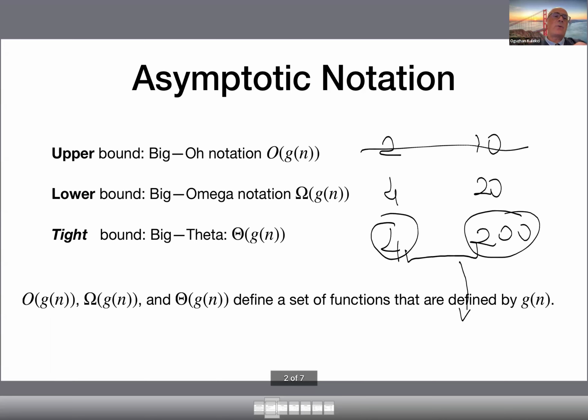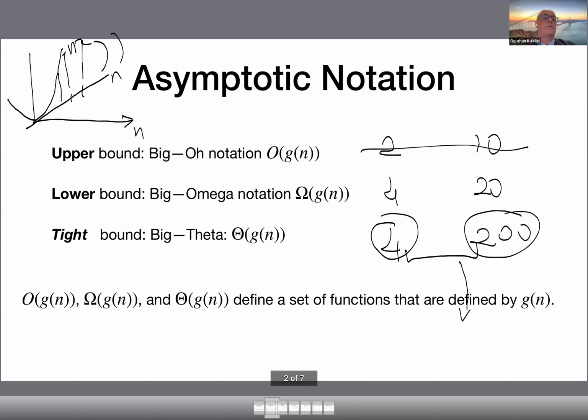To give an example, let me give you this one. This is f(n) equal to n. Sorry for my bad drawing, but this is, let's say, n squared. When n gets larger and larger, the distance between these becomes larger and larger.